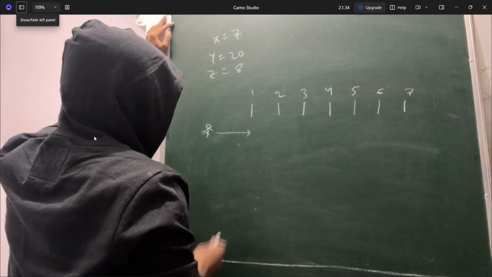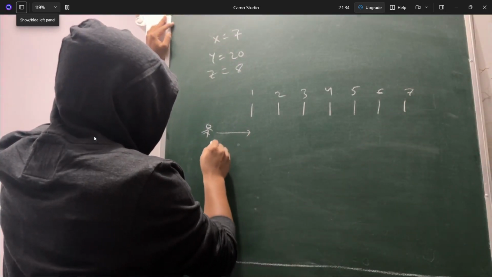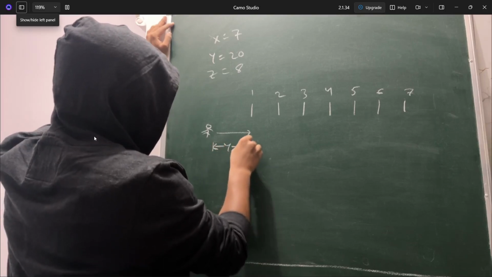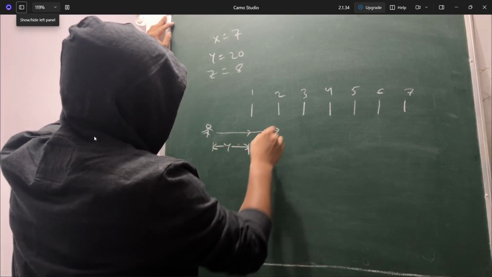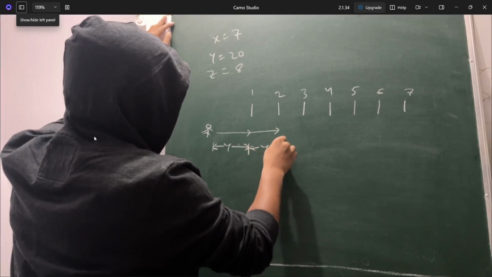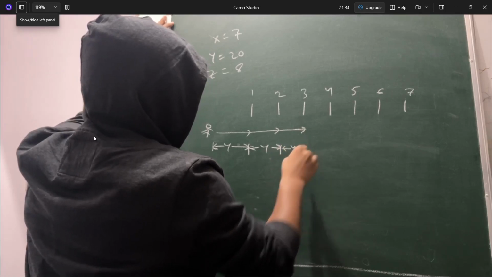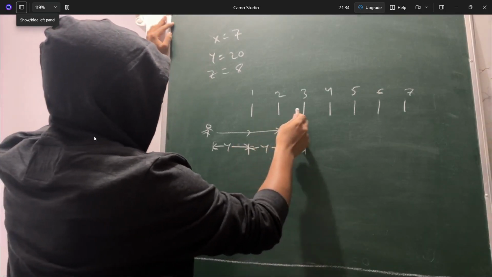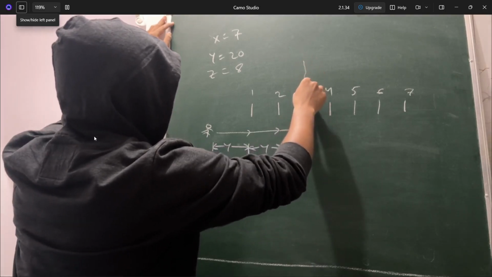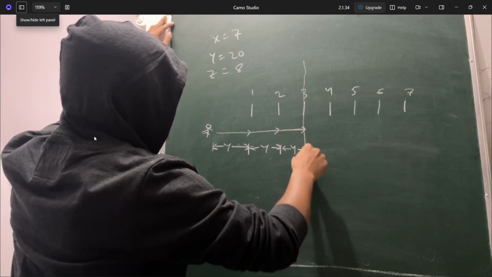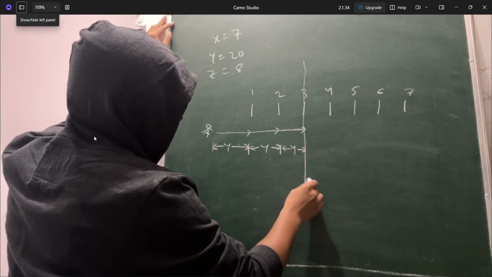Once he comes here, the time required will be Y minutes. Now he goes to the second level, again Y minutes. He goes to another level, time required will be Y minutes. Since he has completed 3 levels, to make sure his eyes are not strained, he'll take a rest of Z minutes.